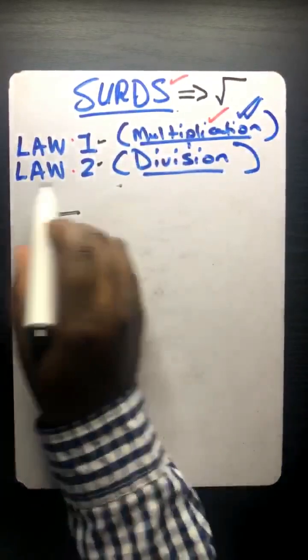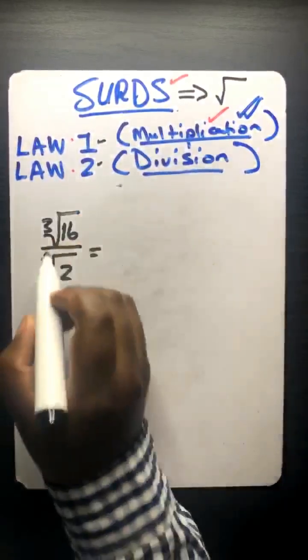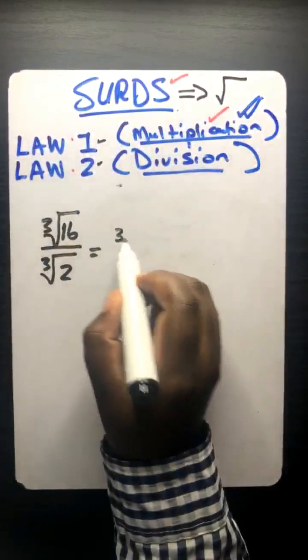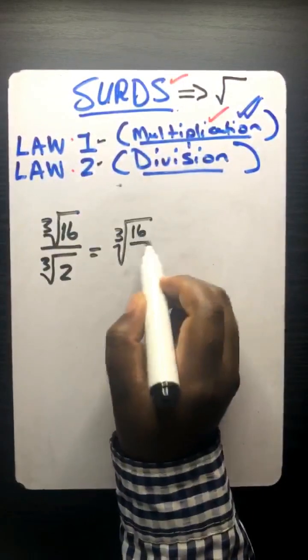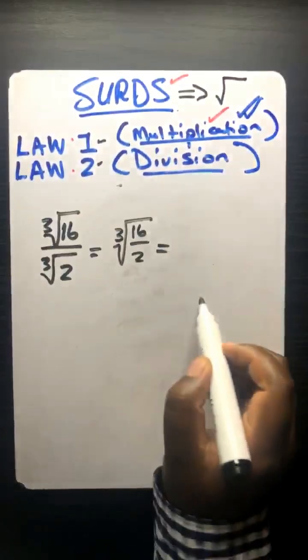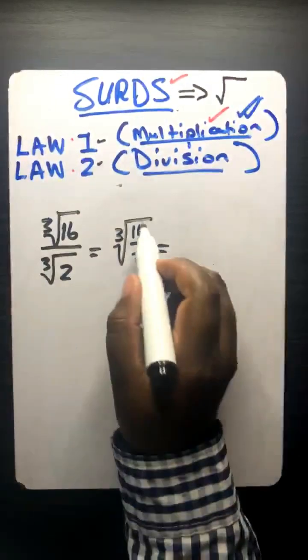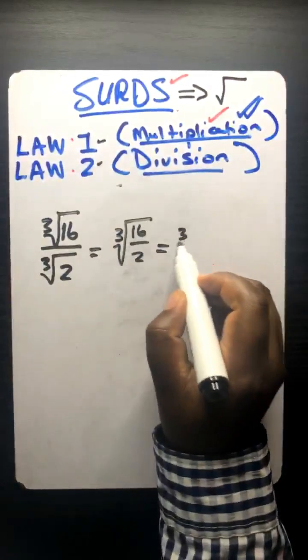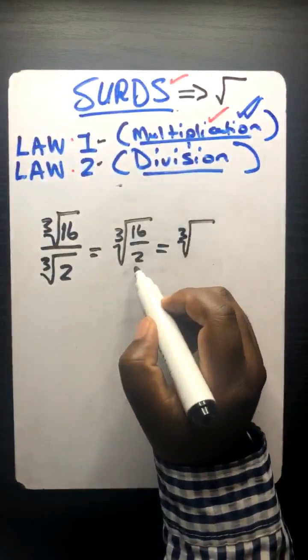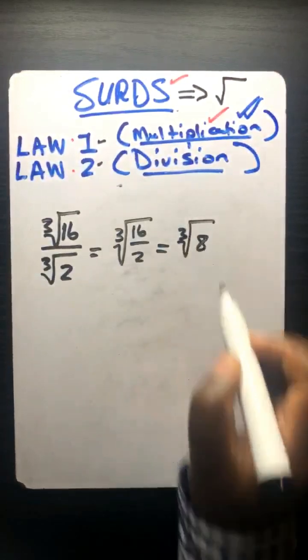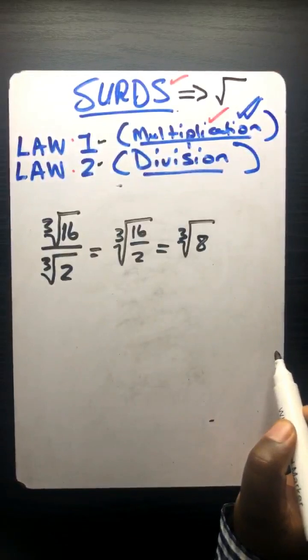So division law number 2, and then the tails are the same. That means I can just have one tail. Then I have 16 over 2, then I work out whatever there is inside. What is 16 divided by 2? I think it's 8. Yes, I think it's 8.